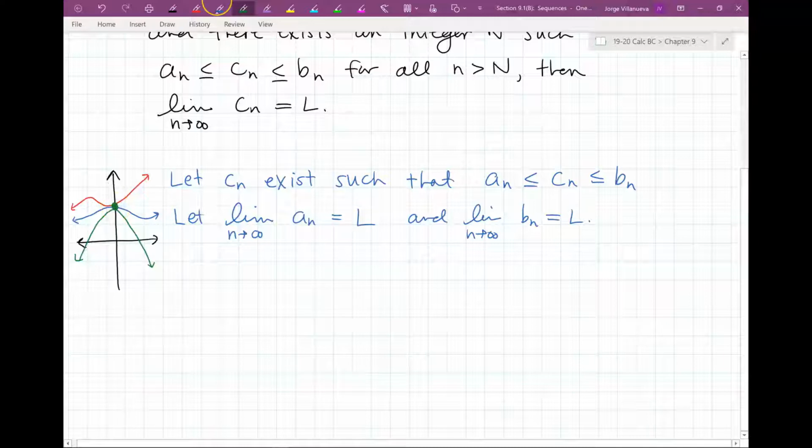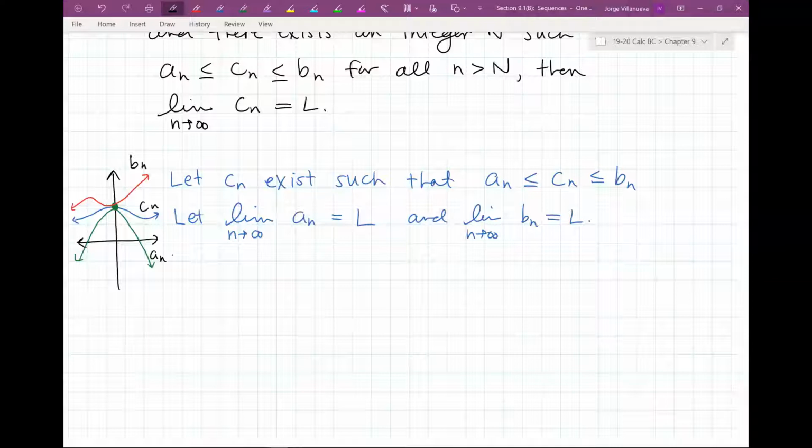But notice how the red one is bigger than or equal to the blue one, which is bigger than or equal to the green one. You guys see that? So there's three functions: a sub n, b sub n, and c sub n. I can call this my b sub n, this will be c sub n, and this will be a sub n. Well, yeah, because c sub n has to be in the middle, b sub n should be the bigger one, a sub n should be the smaller one.